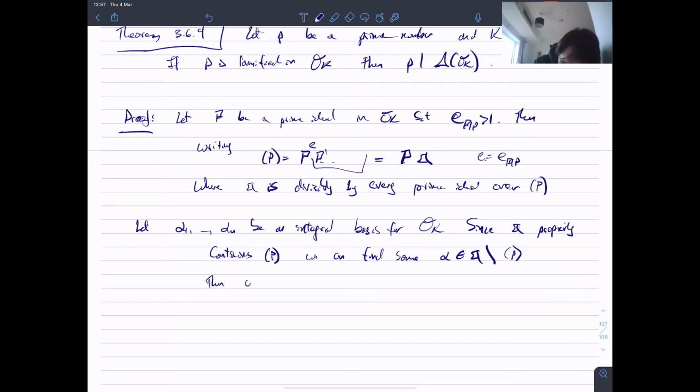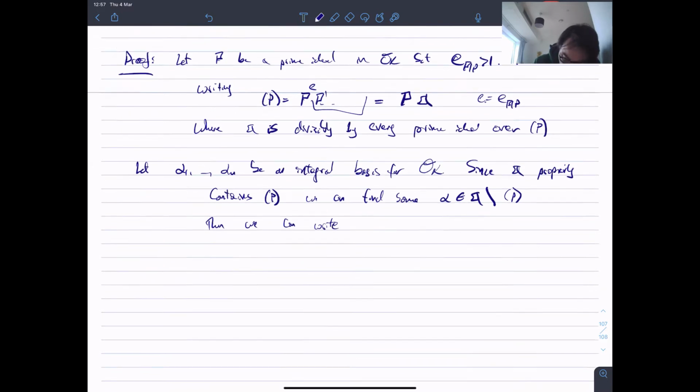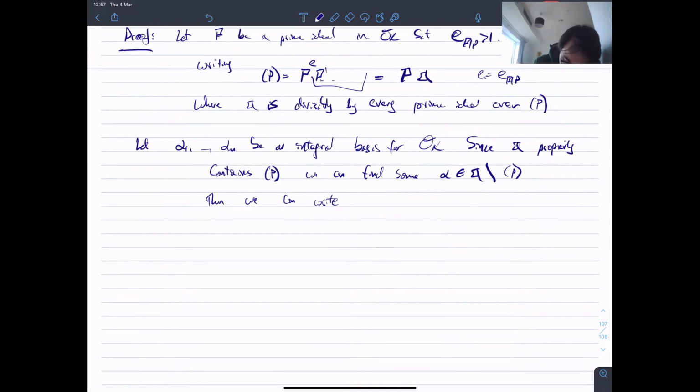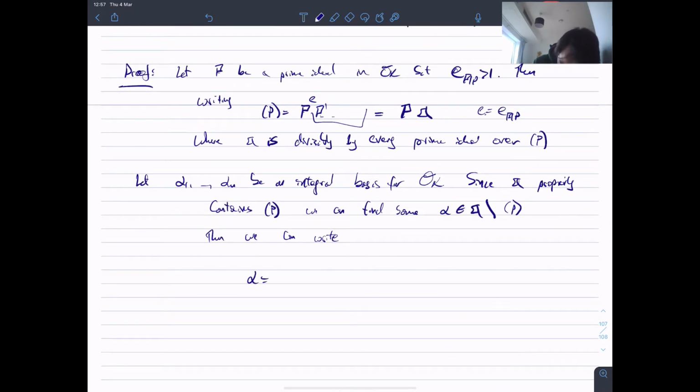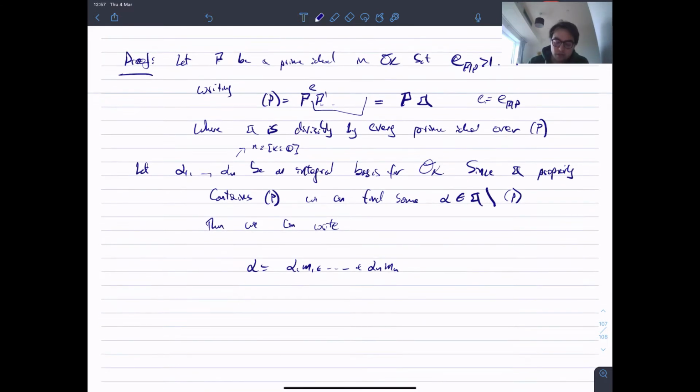Then we can write alpha out in terms of my basis. So I write alpha is say alpha 1 m1 plus ... plus alpha n mn. I guess here implicitly n is the degree of my field, but it's not a huge deal. We're not going to use that.